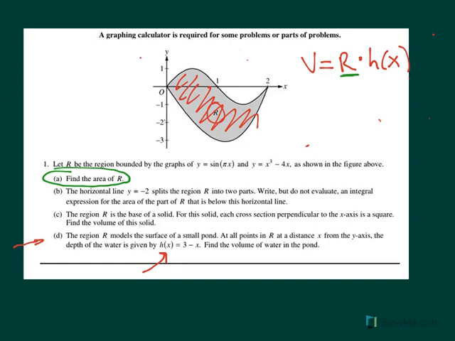So to find your volume, we're going to go from 0 to 2. And it's going to be pretty much what we did in part A, the top curve minus the bottom curve. So that's going to find the area of the base, R, multiplied by the h function, which is going to be the 3 minus x.